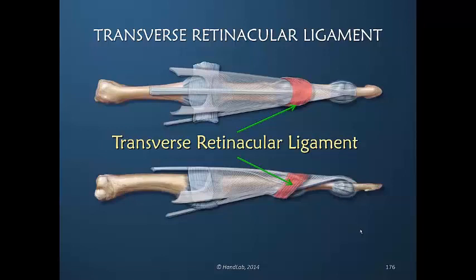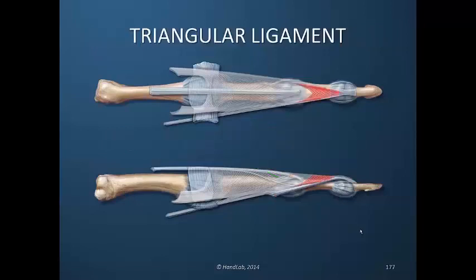Therefore, the transverse retinacular ligament is most useful in preventing the dorsal movement of the lateral bands in the presence of significant PIP joint pathology. In a swan neck deformity, the transverse retinacular ligament has adaptively lengthened and is no longer effective at retaining the lateral bands. The triangular ligament provides an opposite function.